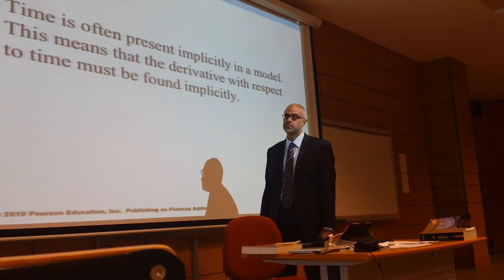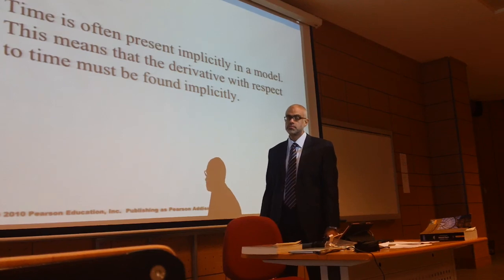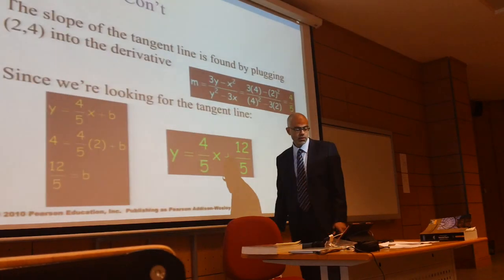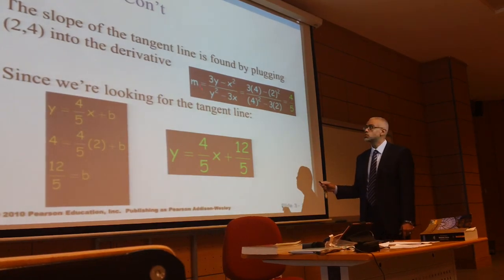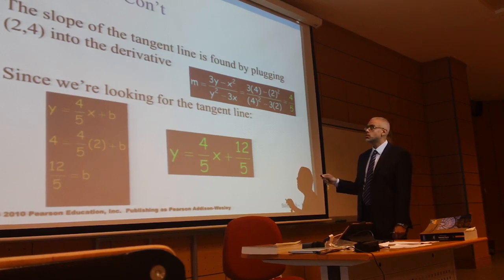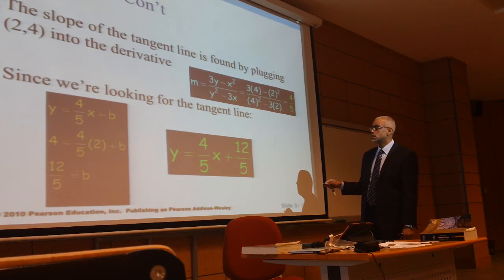Yes, sir. It's for any x? No, he's asking me to calculate the slope of the tangent line at a specific point. So the equation of the tangent is equal to mx plus b. I calculate m from this, and I calculate b. Then the equation of the tangent becomes mx plus b.